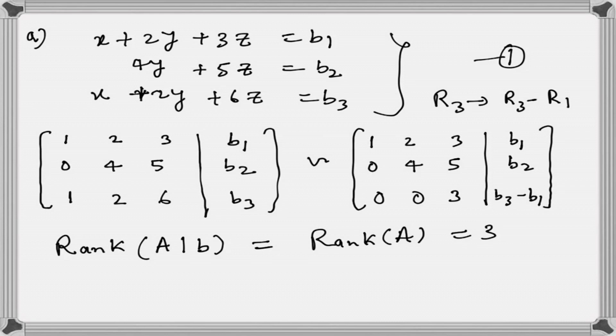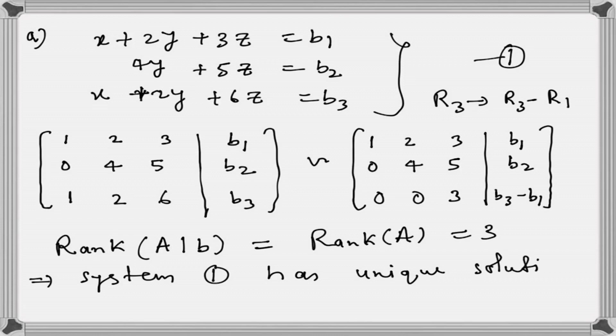This implies that the system, because we already get the 3 non-zero rows, and this matrix is also in echelon form. This implies system 1 has a unique solution for all b1, b2, b3.